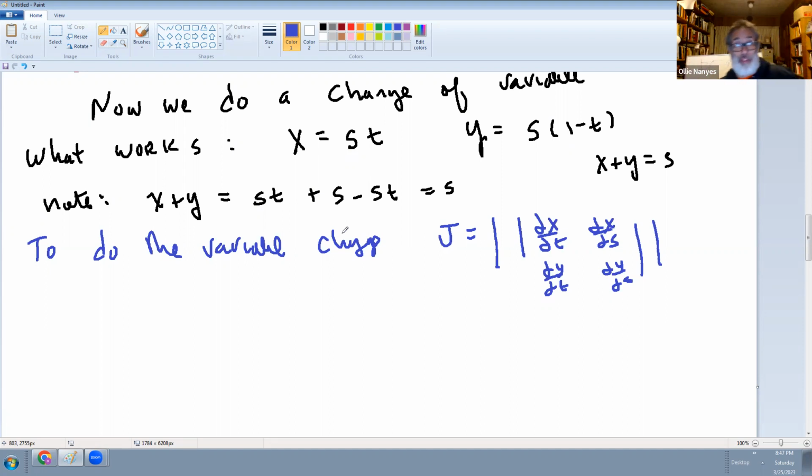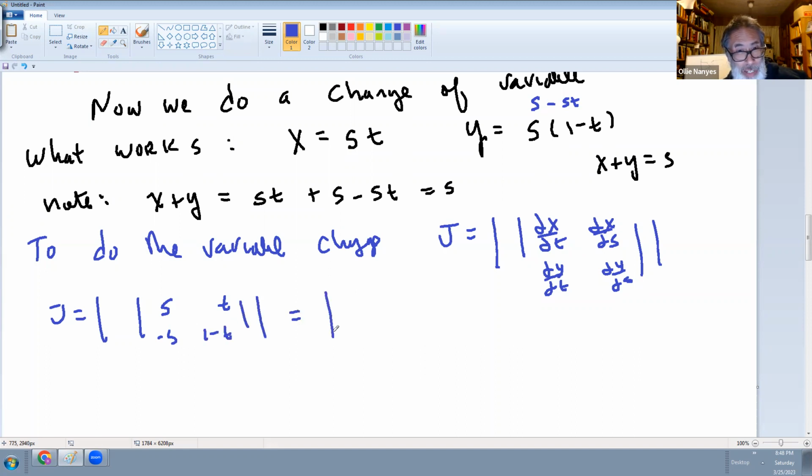We're doing something similar here. The partial of x with respect to t is just s. The partial of x with respect to s is just t. For y, remember this is s minus st, so the partial with respect to t is minus s, and the partial with respect to s is 1 minus t.